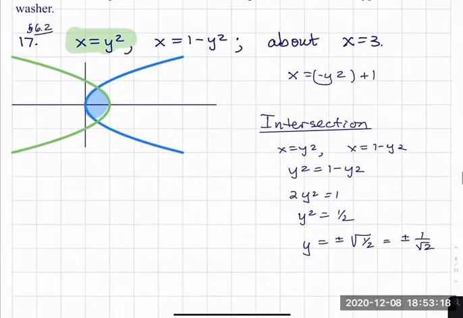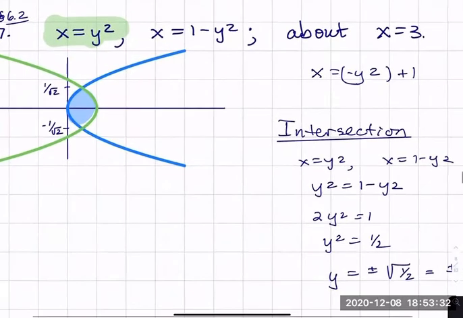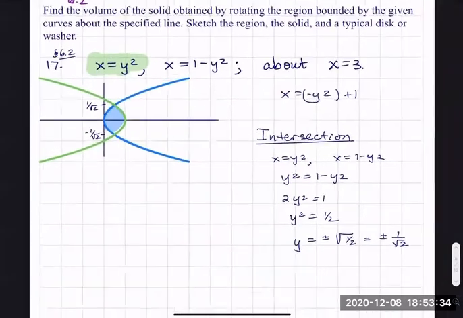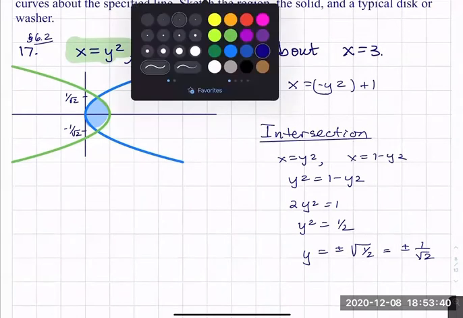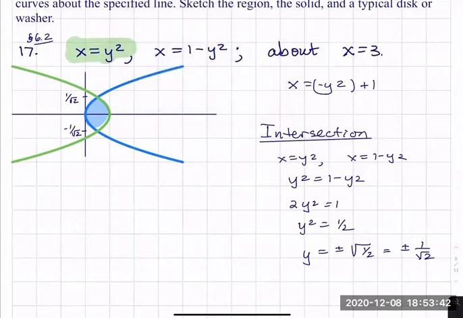I'm going to go out on a limb: if I leave the irrational number in the denominator, it's actually going to be easier to simplify later on. In my very last answer, I might rationalize the denominator. But what we're going to do now is rotate around the line x equals 3.